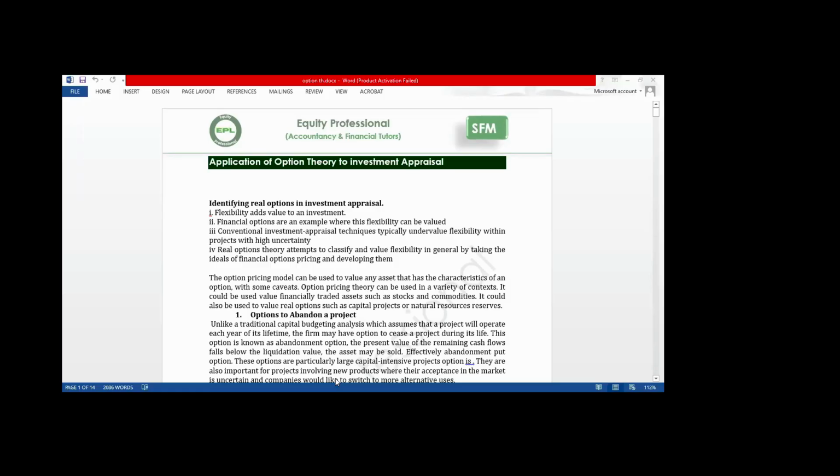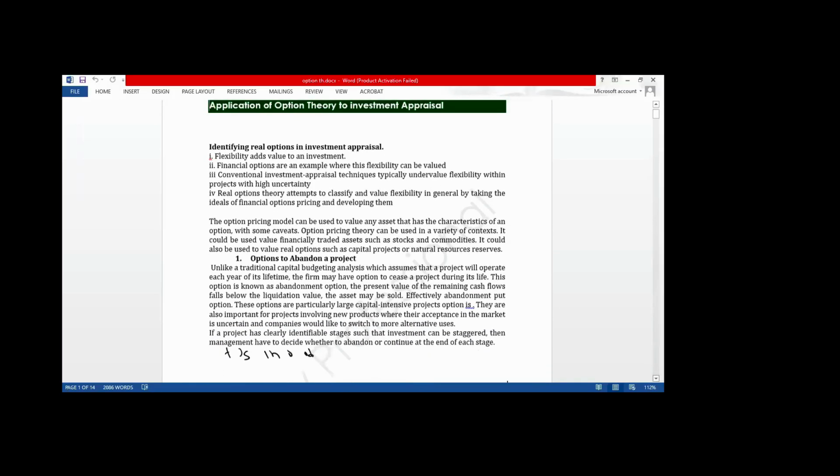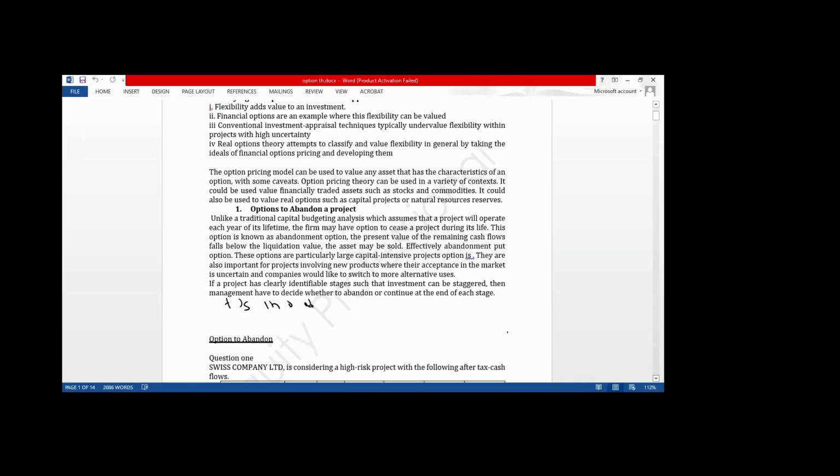Option theory can be applied to investment appraisal with an intent to value financial flexibility. What are these areas? One is option to abandon a capital project.